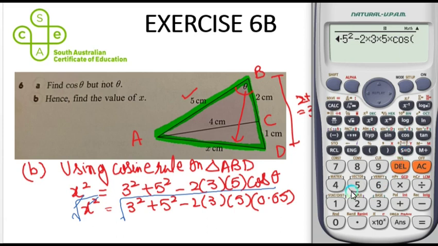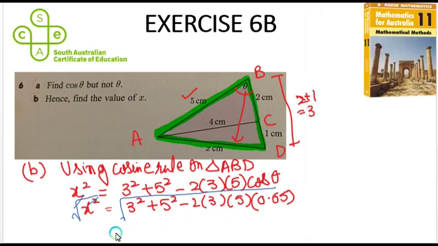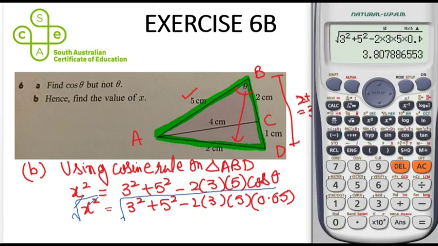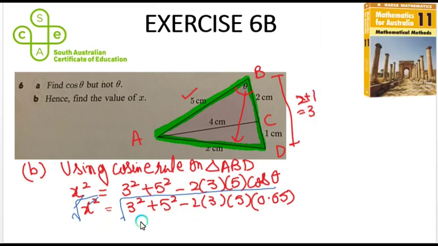Yeah, cos angle already known, 0.65. So times 0.65, right? So my answer is this. In decimal form it is 3.81 in 3 significant figures, right? Yeah, it's 3.81. And obviously it should be in centimeters, right?